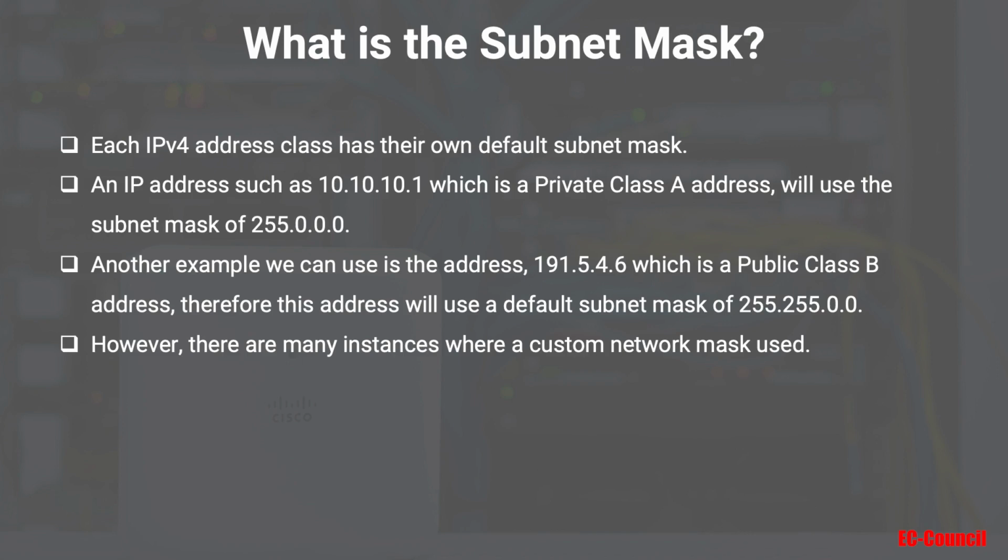Well, looking at the first two octets, or just the first octet, we can determine that this here is a public Class B address. Therefore, it will have a default subnet mask of 255.255.0.0. However, there may be instances where a custom subnet mask may be used, but we'll take a look at a custom subnet mask when we dive further into subnetting.